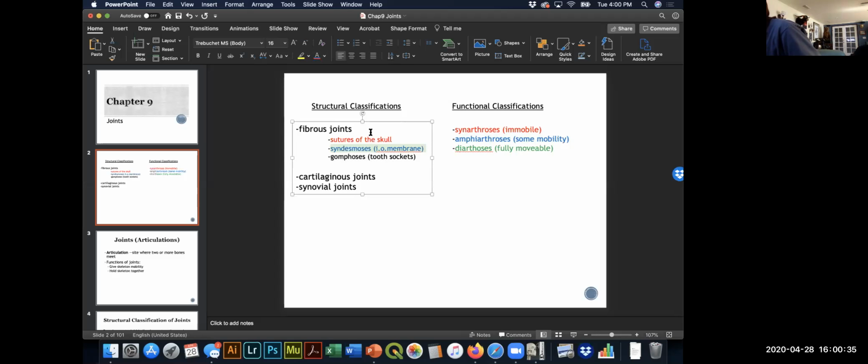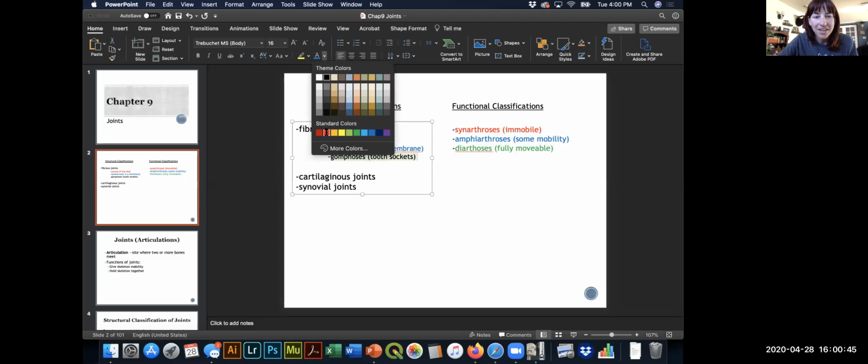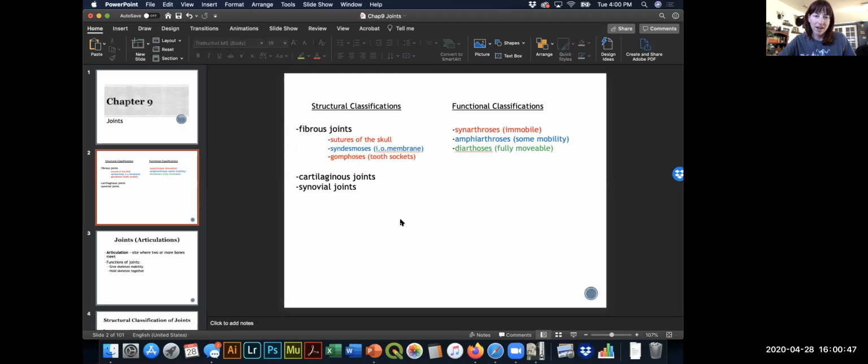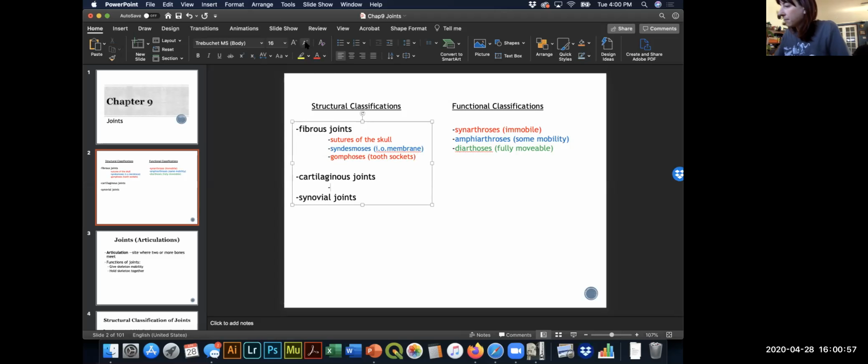Let me confirm that again. Slight movement, yep. And your gomphoses with your teeth are ideally synarthrotic, right?